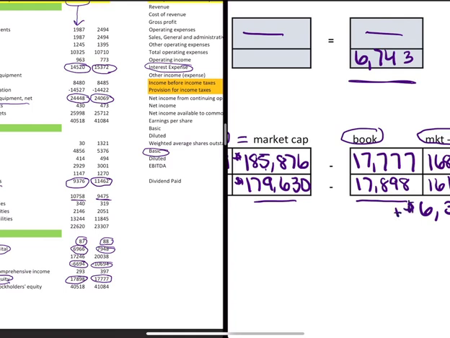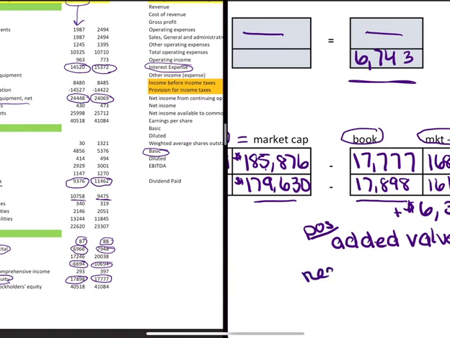So if we see a positive value, that means that they added value to the firm. Okay, they added value. It is worth more now than it was the previous year. If it was lower now, so if we got a negative value, so for a positive, that means they added value.